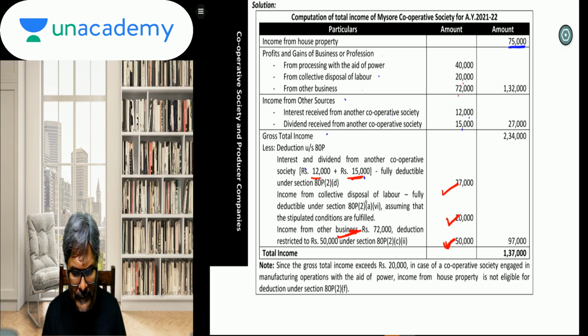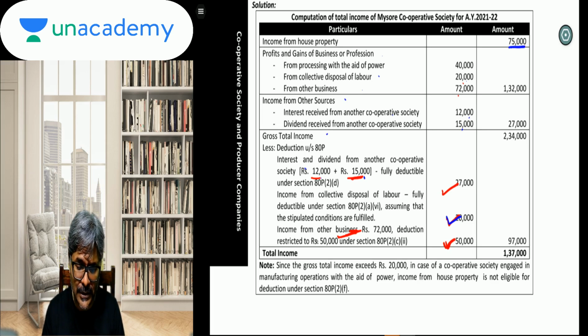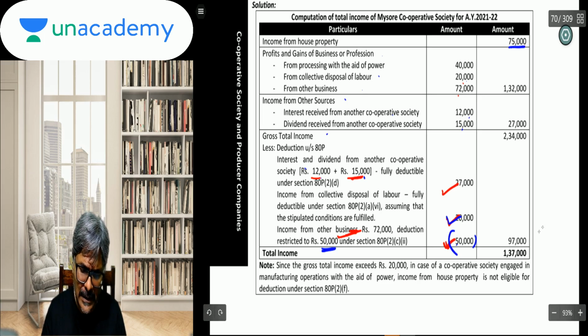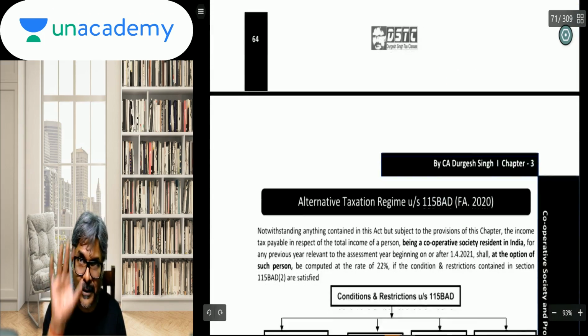Income from collective disposal of labor is fully deductible under 80P, assuming the stipulated condition, 20,000. Income from other business, students, 72,000 minus the deduction is 50,000. The maximum deduction is 50,000. So that maximum deduction is what would be given. It is a simple question, just a reproduction of what we have learnt.